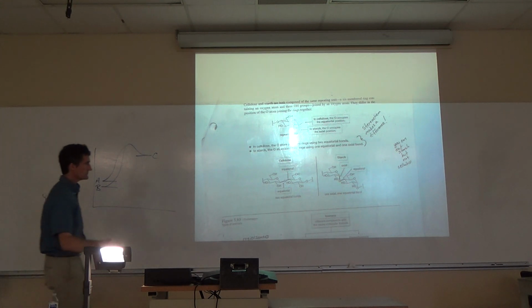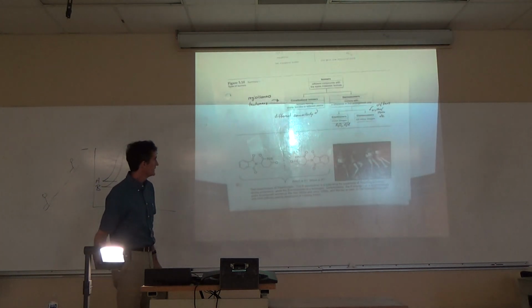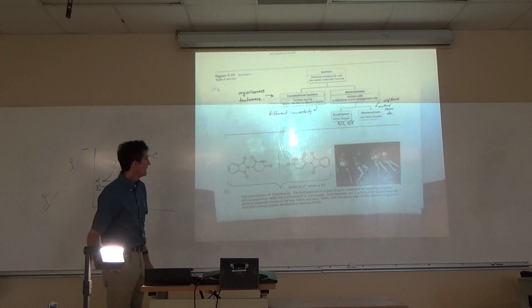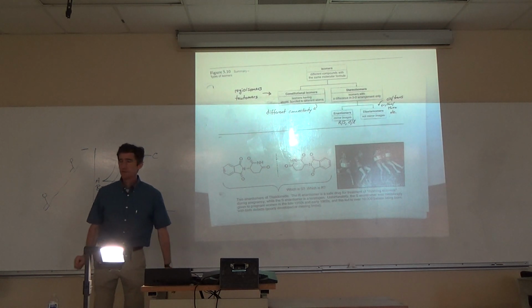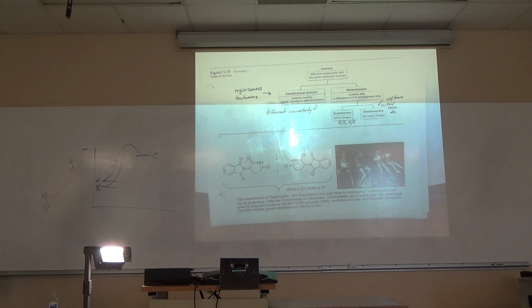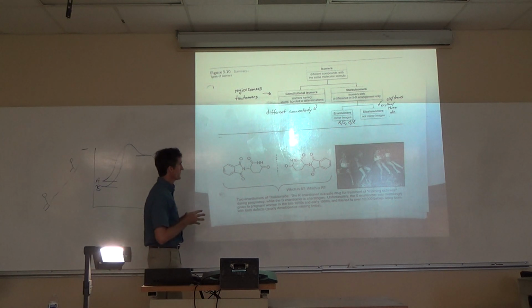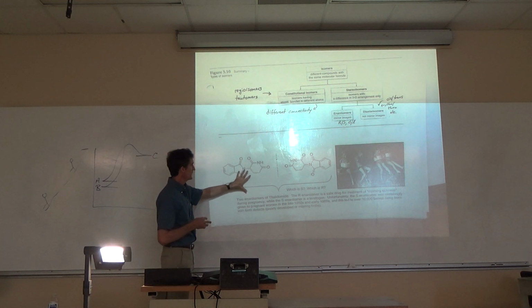All right? Down at the bottom, there was a drug developed in the late 1950s to give to pregnant women to treat nausea called thalidomide. It has this structure here.